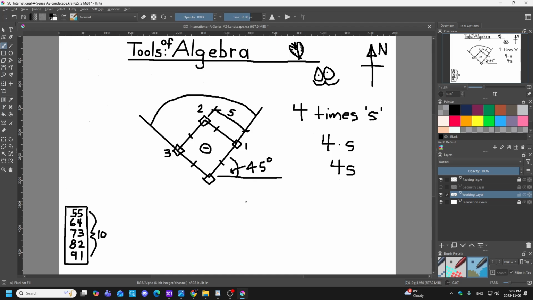So they are asking to find the perimeter. Well, looking at our shape, we know it's a square. So therefore, our perimeter is going to equal 4S. S is unknown. It would have to be given to us in the question. That's a good question.